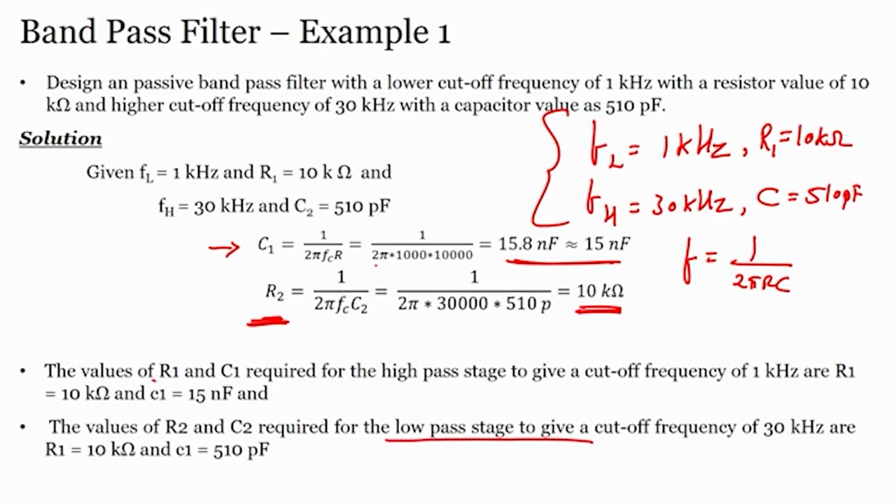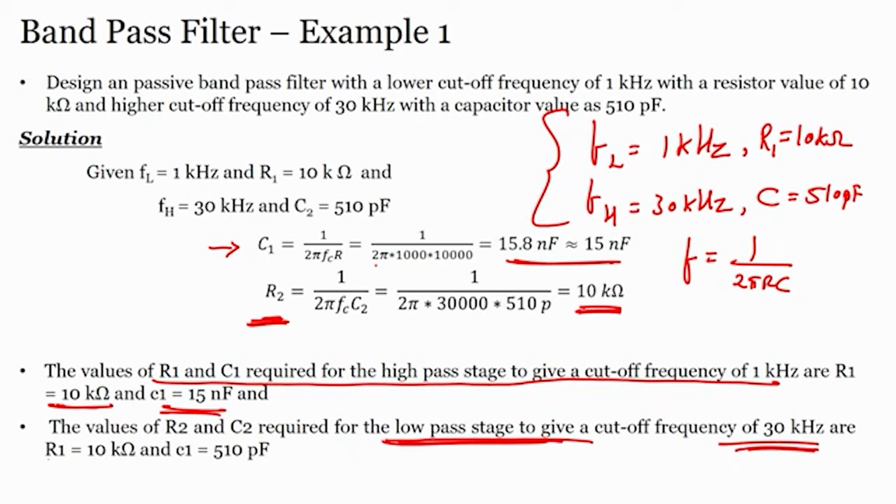So, R1 and C1 required for the high pass stage to give a cutoff frequency of 1 kilohertz are 10 kilo ohm and 15 nanofarad, while R2 C2 for the low pass filter at 30 kilohertz are 10 kilo ohm and 510 picofarad, right. So, these values we can calculate, and from this we can now design a passive band pass filter.